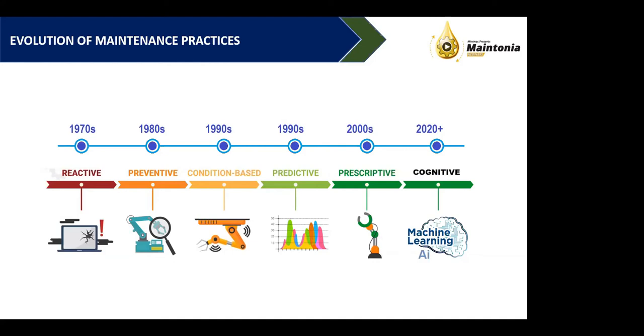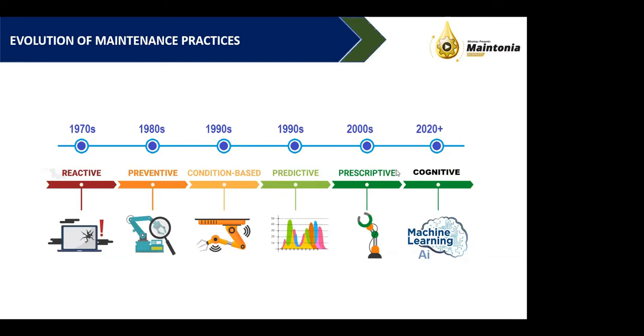When it reaches critical, it will immediately draw our attention because someone has fallen in the basket of critical. So in this era, we were very happy, and nowadays most industries are running on this maintenance practice.